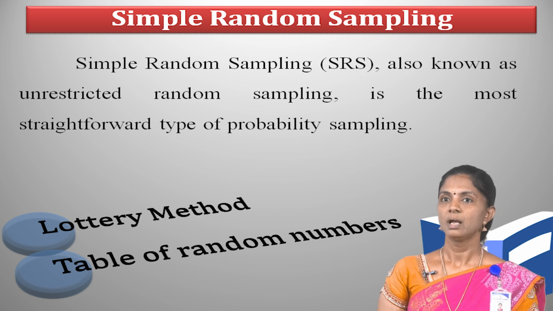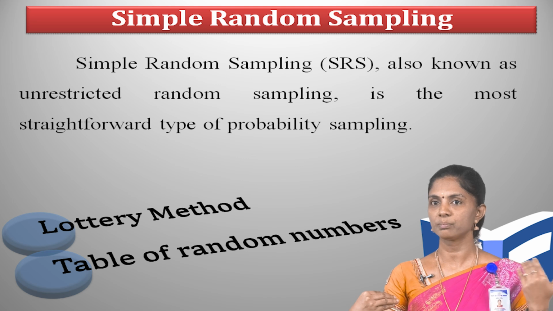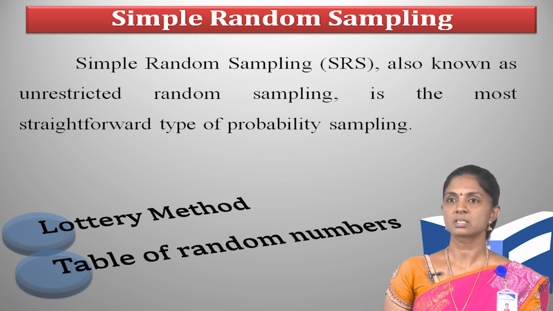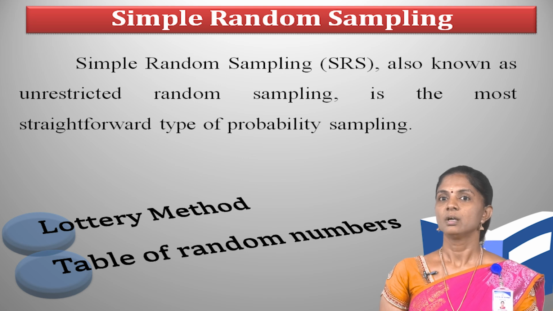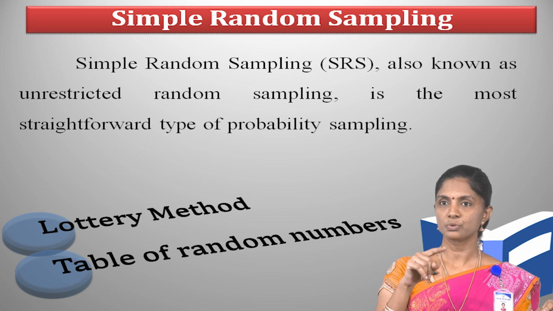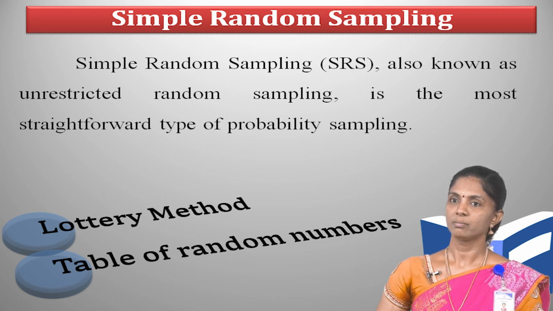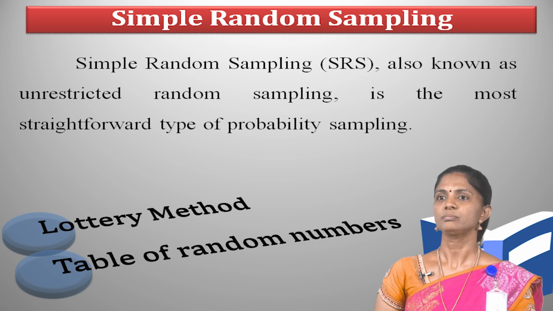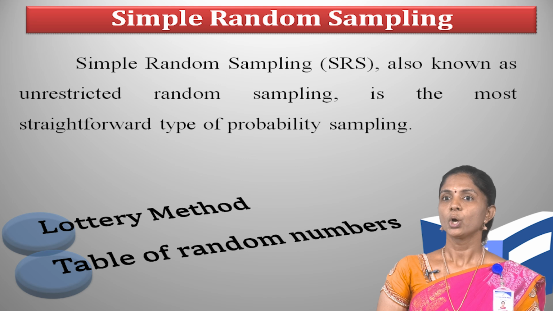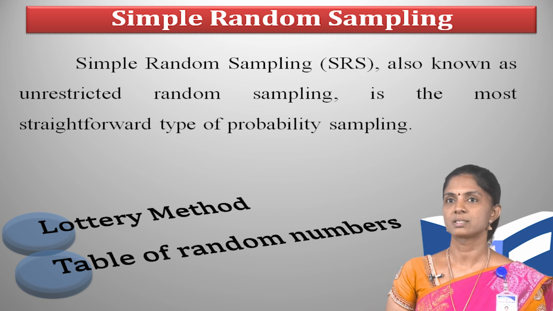For example, let a random sample of 30 students be selected from a college where 914 students are studying. We assign the students 3-digit numbers, for example 000, 001, 002, that way up to 913. We start at any 3-digit number and make note of the subsequent numbers row wise or column wise.